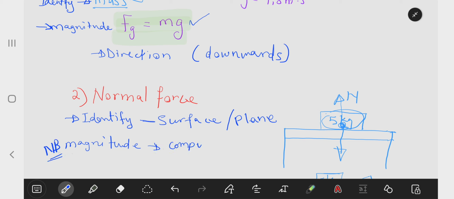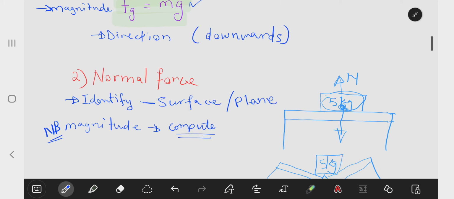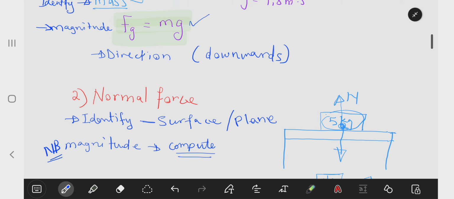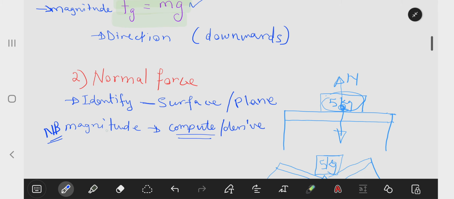When we say compute, you calculate your normal force not using a formula, but you derive that normal force, which is what I will show in the later stage. You derive it from other forces, and usually it's your gravitational force. You might find that your normal force is equal to your gravitational force, but that's not always the case. So that's why I say you compute or you derive your normal force. That is how you calculate the magnitude.